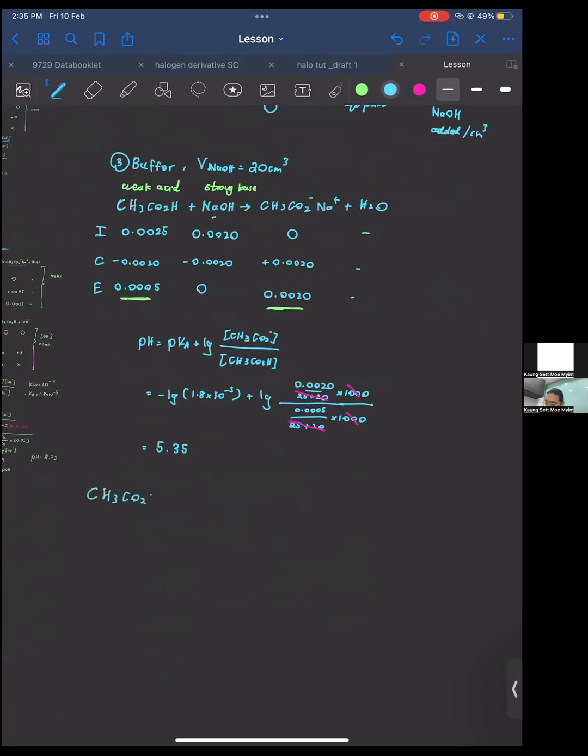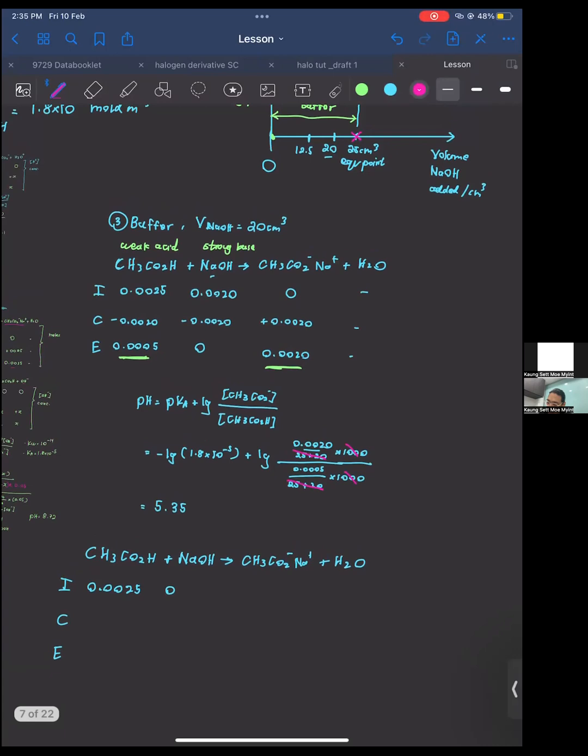Ethanoic acid is reacting with NaOH to give us our salt, CH3CO2 minus Na plus, and you have H2O. You have an ICE table because we want to know how much is left. There is 0.0025 of ethanoic acid at 12.5 cm3.